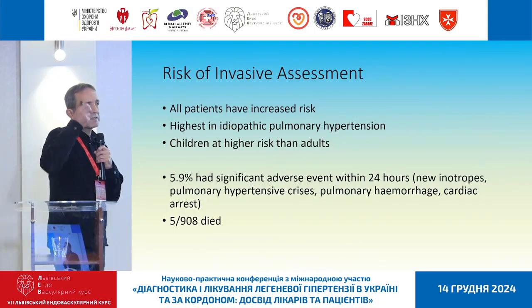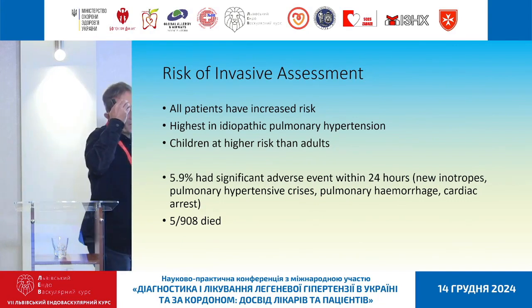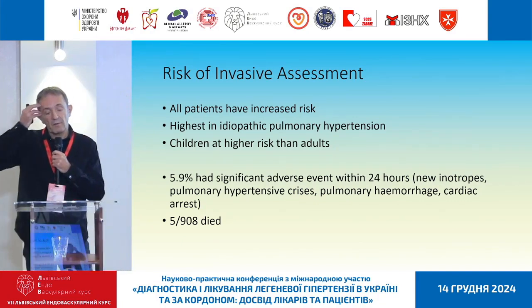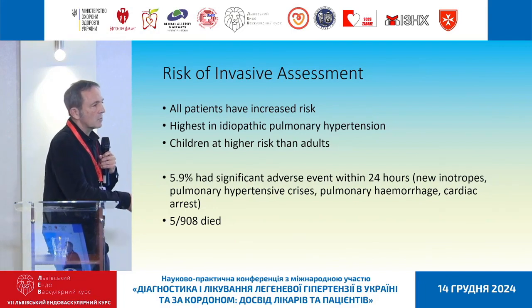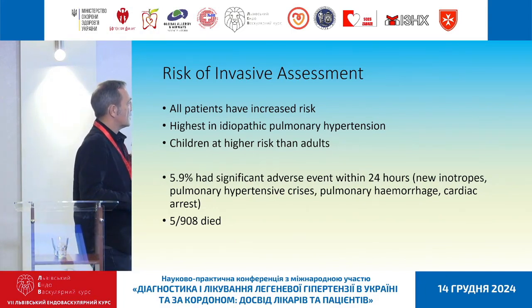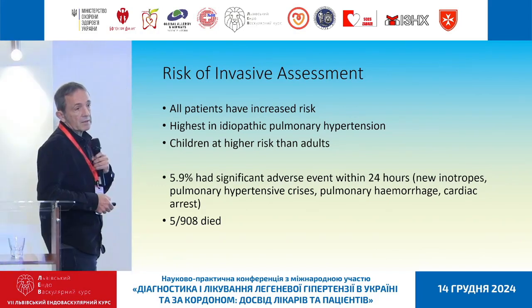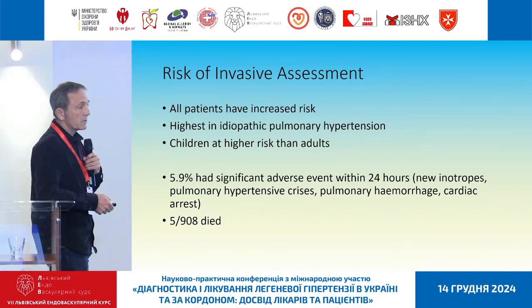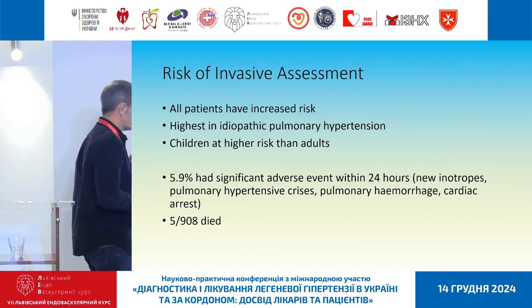Now, there was a question earlier today from, I think, a patient representative about the risk of cardiac catheterization with pulmonary hypertension, and it's not insignificant. It is much higher than if you haven't got pulmonary hypertension, and certainly I've done catheters on patients with pulmonary hypertension and had problems. They're particularly prone to problems if you inject contrast in the lungs, so we tend to try and avoid putting contrast in.